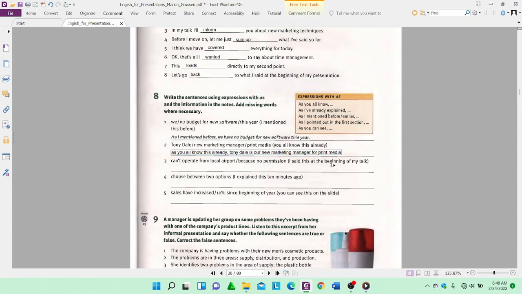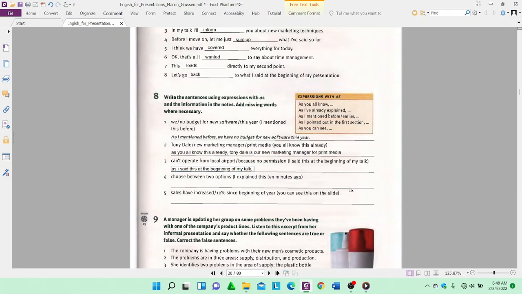I said this at the beginning of my talk. Jadi kita bisa buat begini. As I said this at the beginning of my talk. Okay. Comma. Terus apa lagi nih?